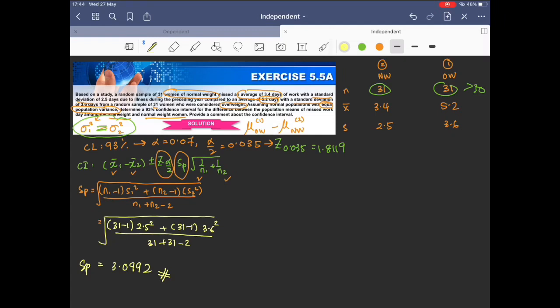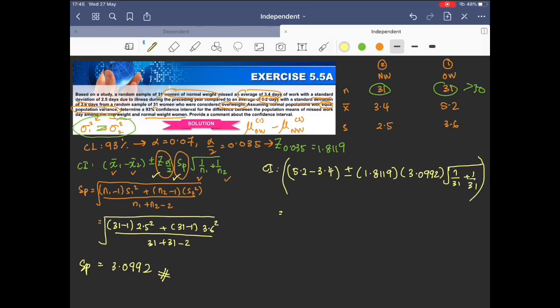So now you have Z alpha, you have the SP. Substitute all into the formula. X bar 1 is 5.2 minus X bar 2 is 3.4, plus minus 1.8119 times SP 3.0992 times square root of 1 over 31 plus 1 over 31.